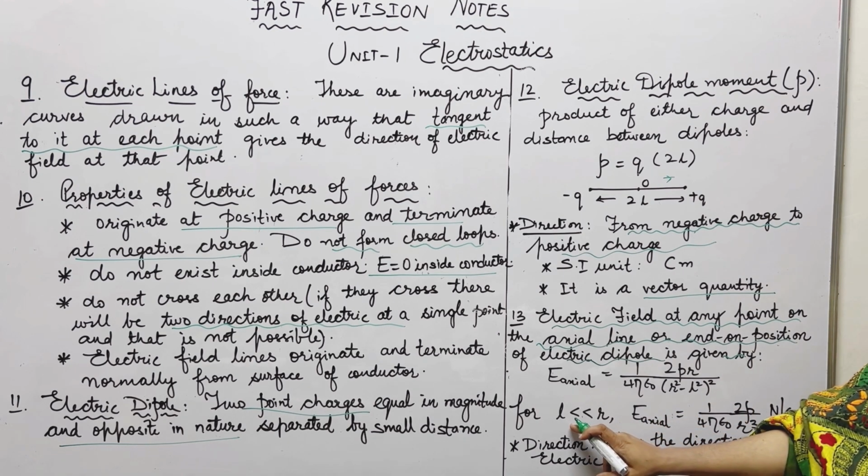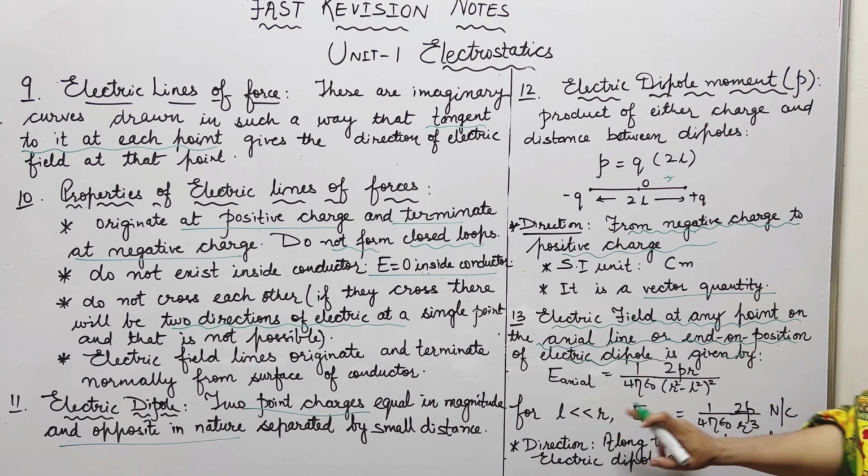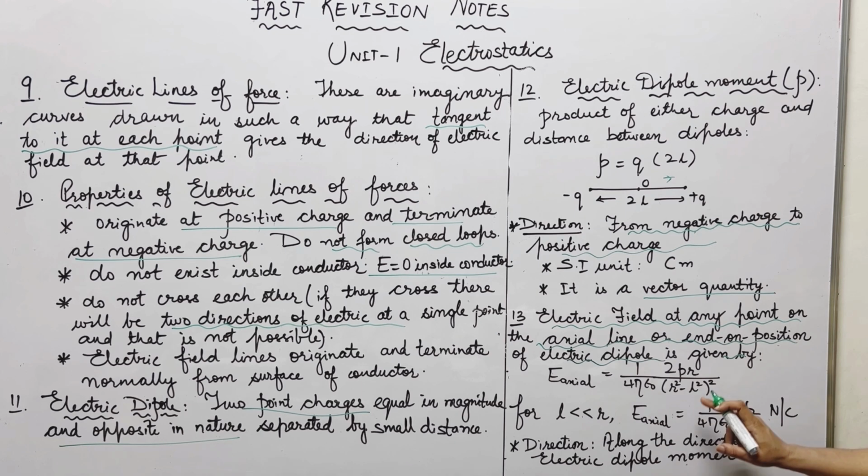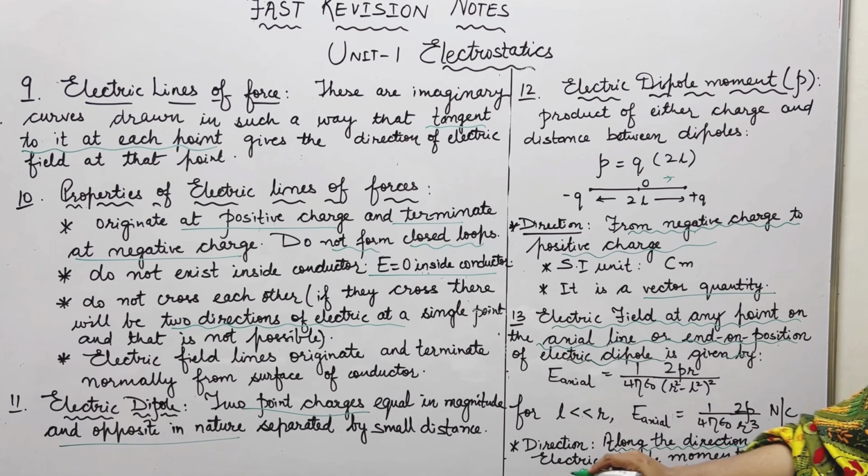If L is very less than R, then we can neglect L in comparison to R, and in that case the formula becomes 1 by 4 pi epsilon naught 2 p by r cube, and the unit is Newton per coulomb. The direction of this is the same as that of the electric dipole moment, that is from negative towards the positive charge.